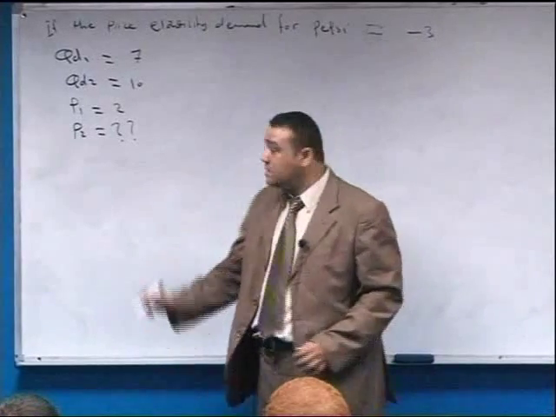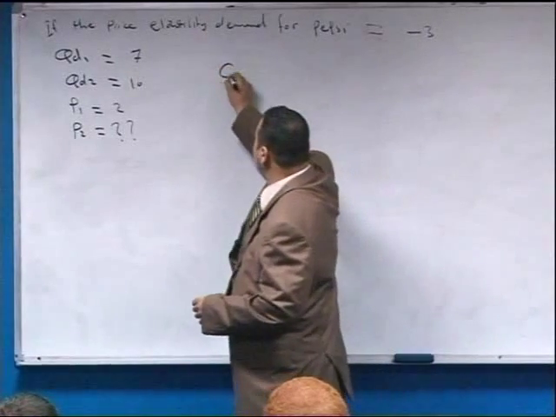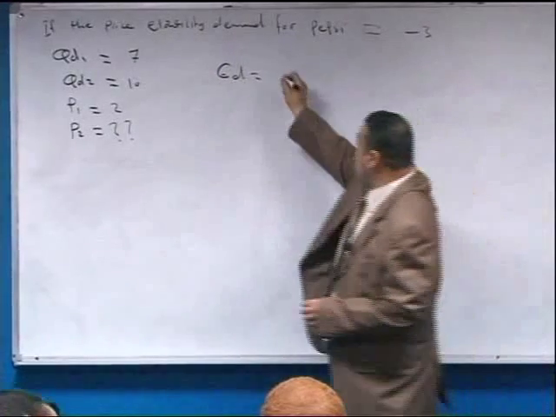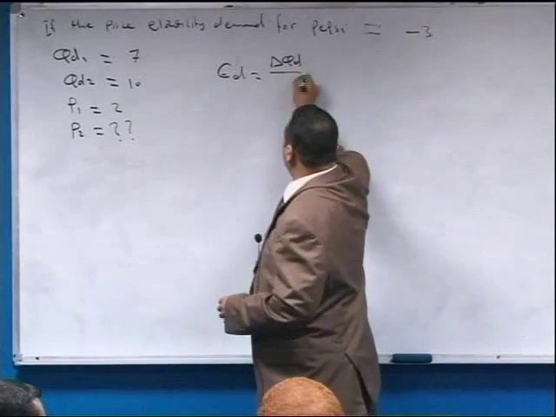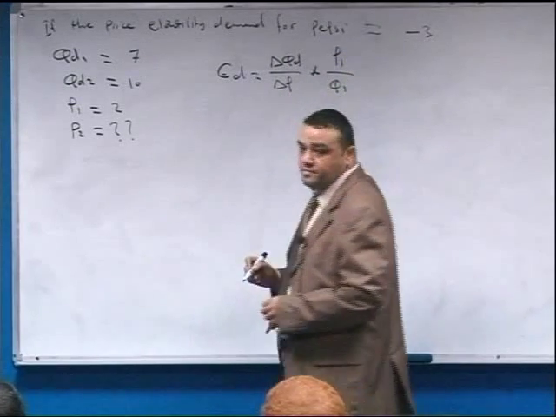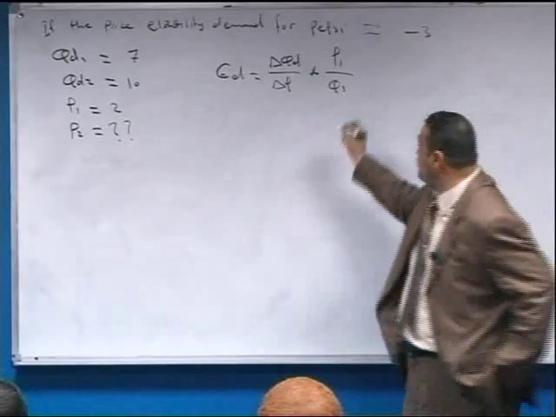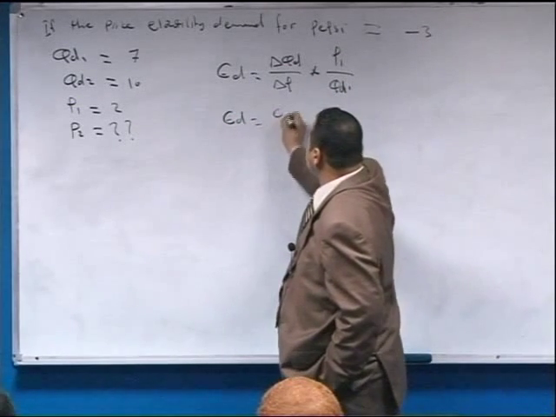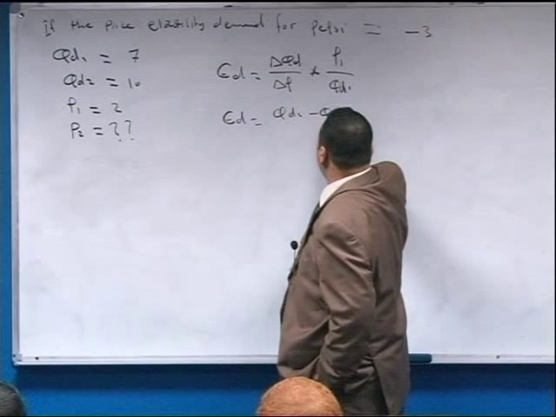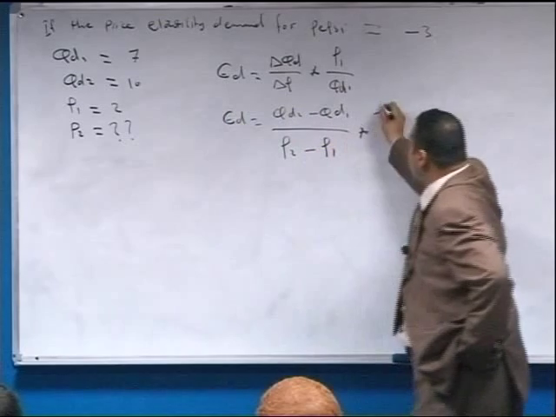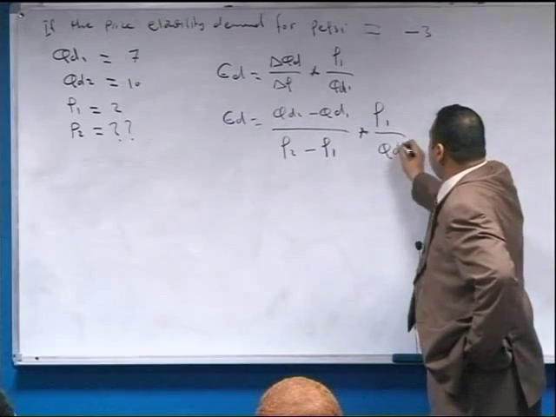Let me work with you. So ED equals delta QD over delta P times P1 over QD1, or ED equals QD2 minus QD1 over P2 minus P1 times P1 over QD1.